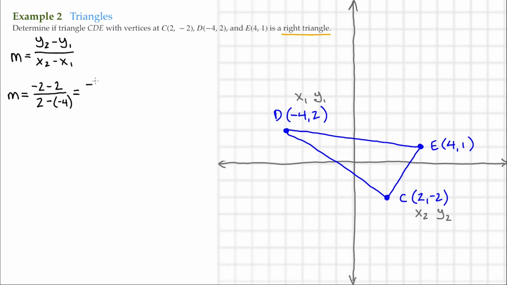Two minus 2, that's -4. And 2 minus -4, that's the same as 2 plus 4, that's 6. So this simplifies to -2/3. So the slope of this line segment here, segment DC, has a slope of -2/3.